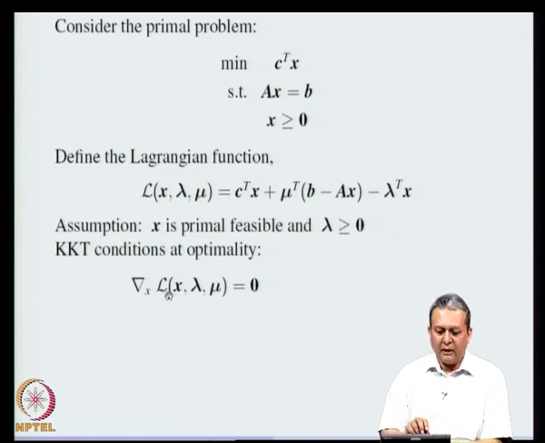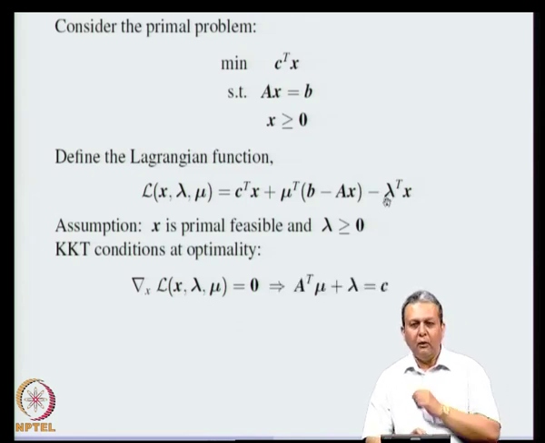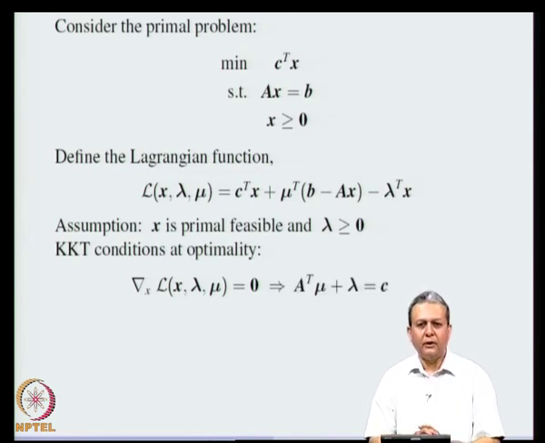So, the gradient of the Lagrangian with respect to x will be C minus A transpose mu minus lambda, and that will be equal to 0. Therefore, A transpose mu plus lambda equals C. This condition needs to be satisfied at optimality.